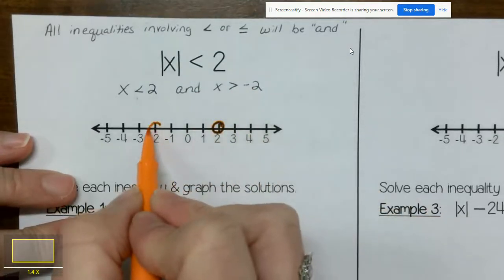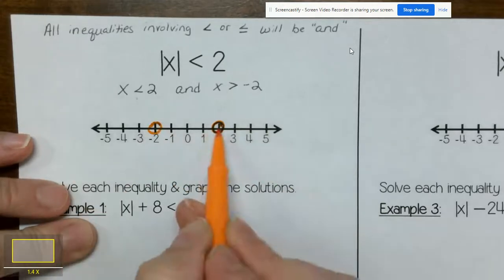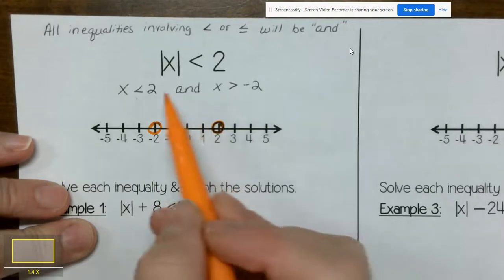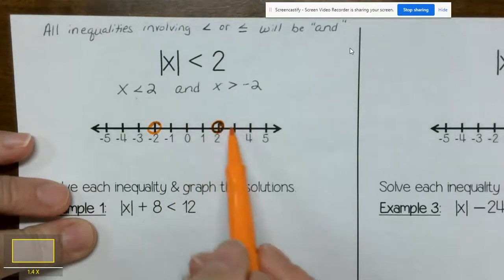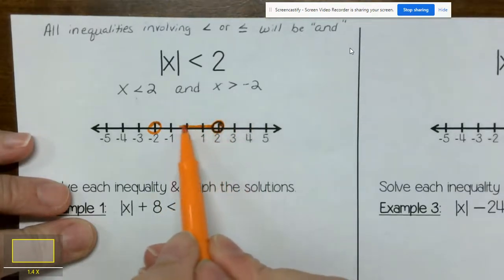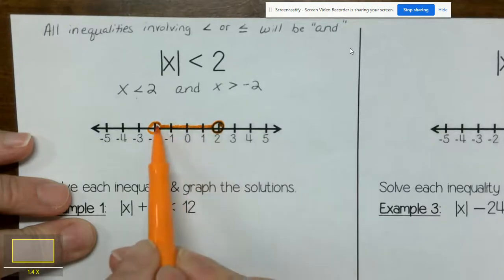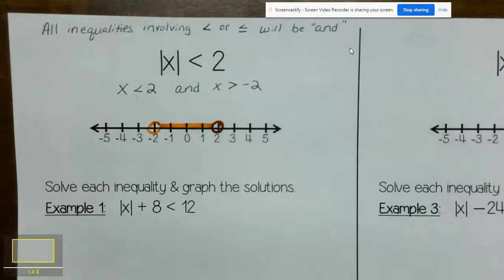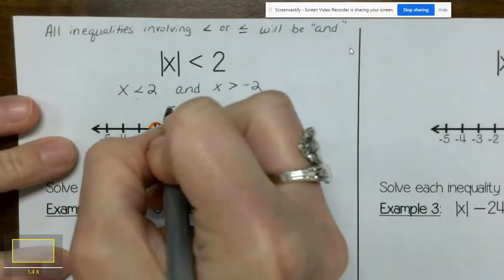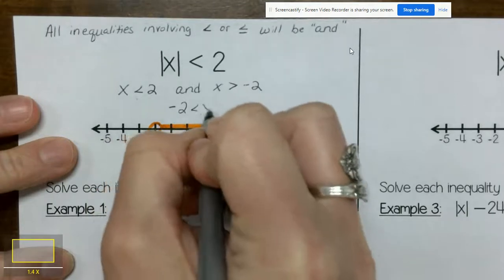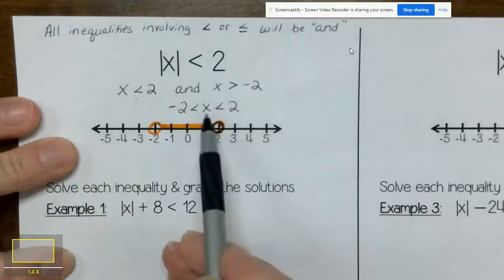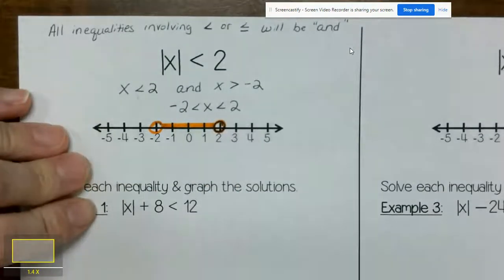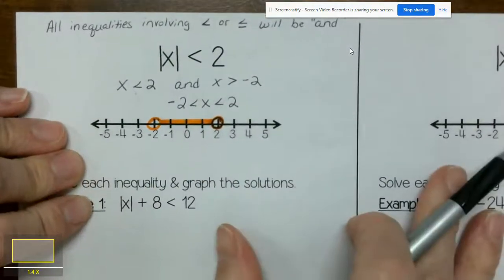It doesn't include either one, so we have to do open circles. Since this is less than 2, we would shade this way, and it's greater than negative 2, so we would shade just in the middle. Another way to look at this is that negative 2 is less than x is less than 2. X is between negative 2 and 2 in order for this to be correct.